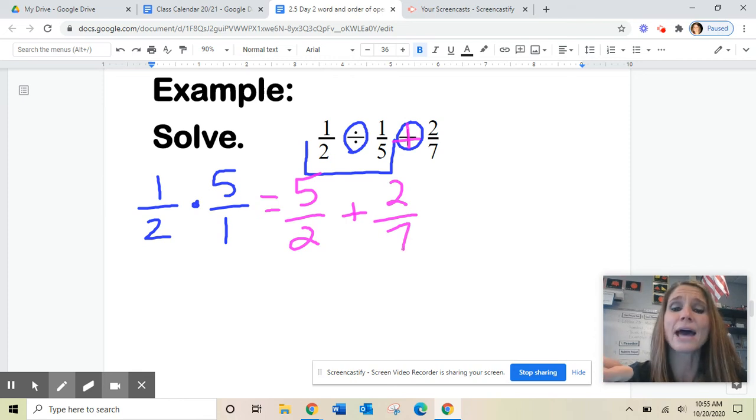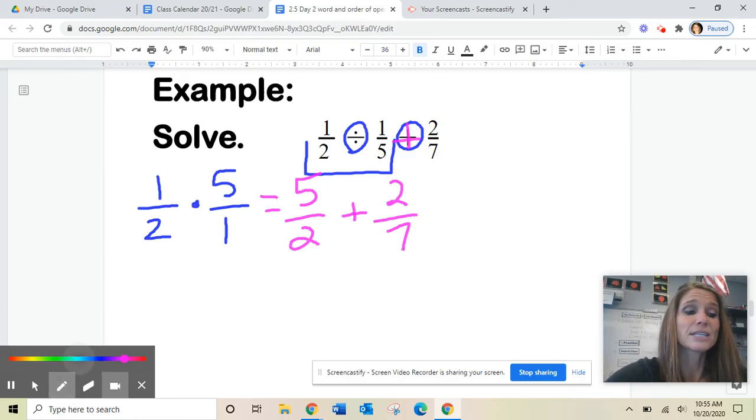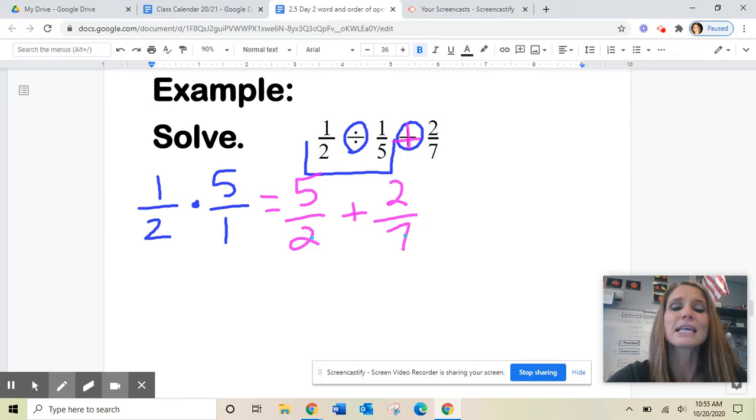I'm going to bring down my adding 2/7 fraction. And I know that I need a common denominator to add these together. So if I count by 2s and I count by 7s, I'll say 14 first. 14 is going to be my new common denominator.